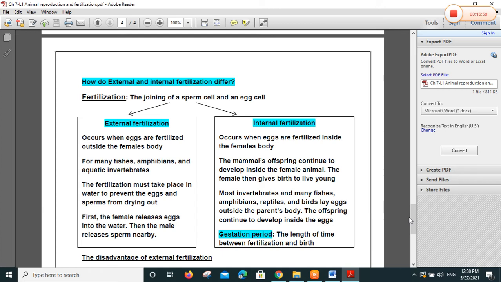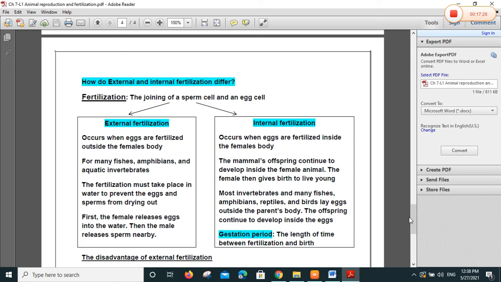What about internal fertilization? Internal fertilization happens inside the female body. Mammals and birds undergo internal fertilization. In mammals, the offspring continue to develop inside the female animal, and the female then gives birth to live young.